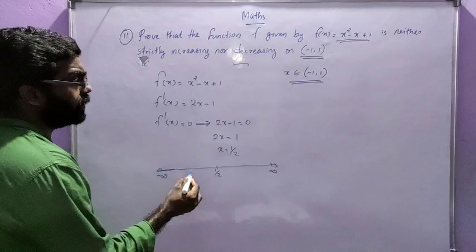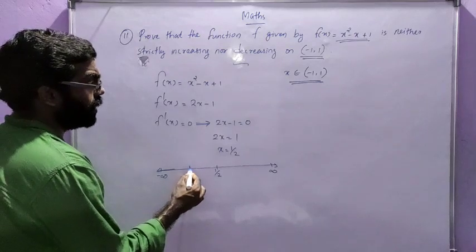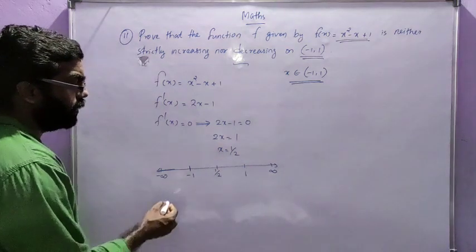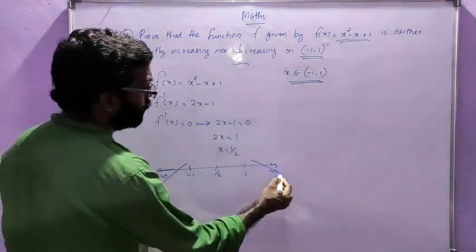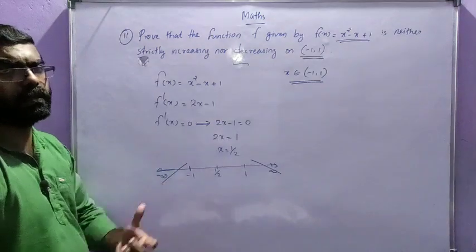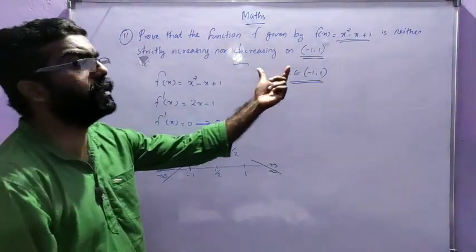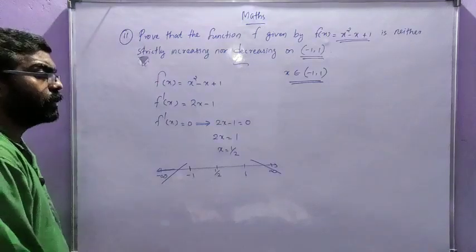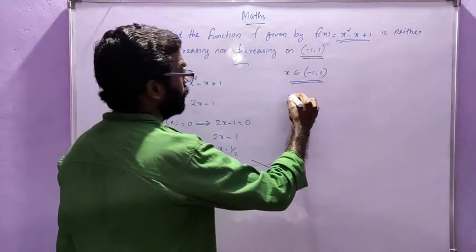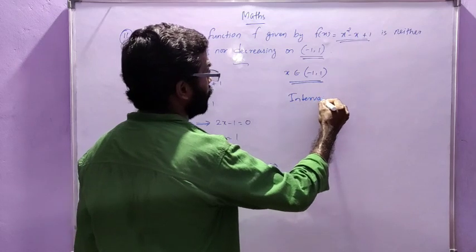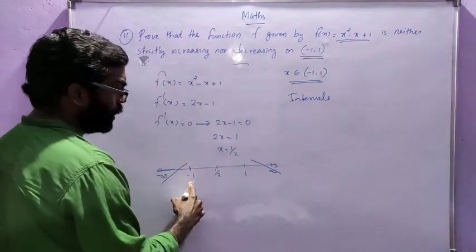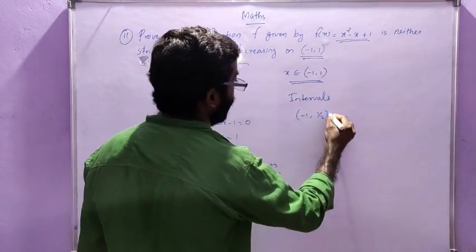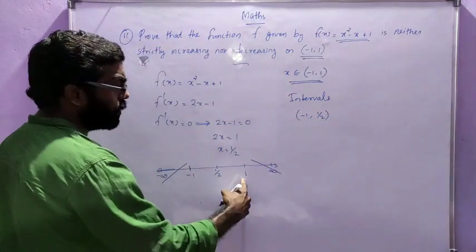So we can reduce this interval to, here we can mark minus 1, here plus 1. These two parts we can cancel. No need to discuss that part, because the domain is open interval minus 1 comma 1. So the intervals are open interval minus 1 comma 1 by 2 and 1 by 2 comma 1.